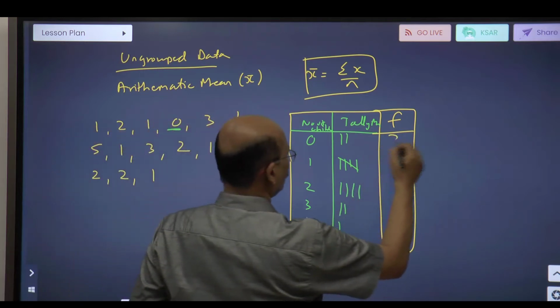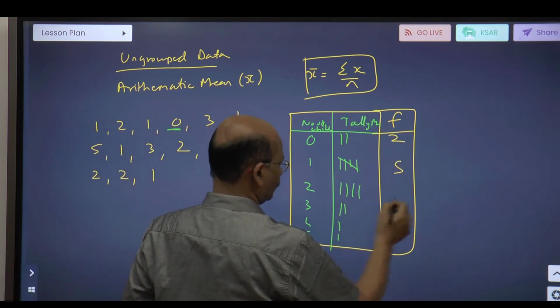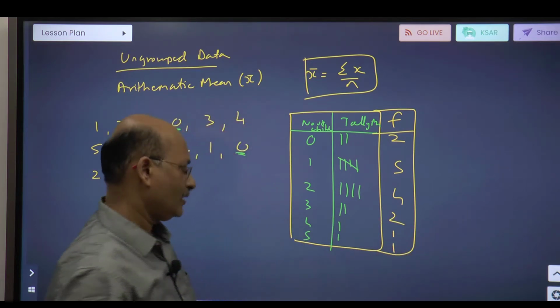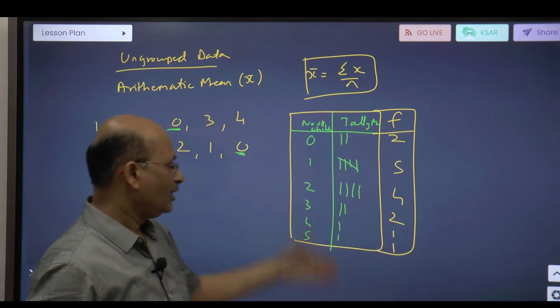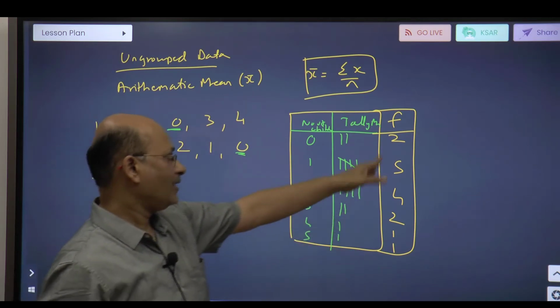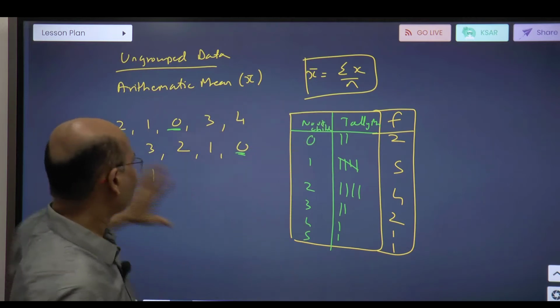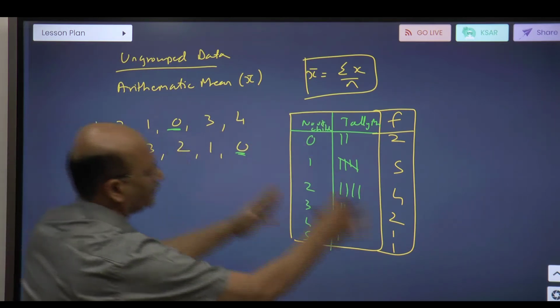So this is 2, this is 5, this is 4, this is 2, this is 1, this is 1. If you see the number of families, you will get immediately how many families there are. Anyway, I just compressed this data instead of the spread format.